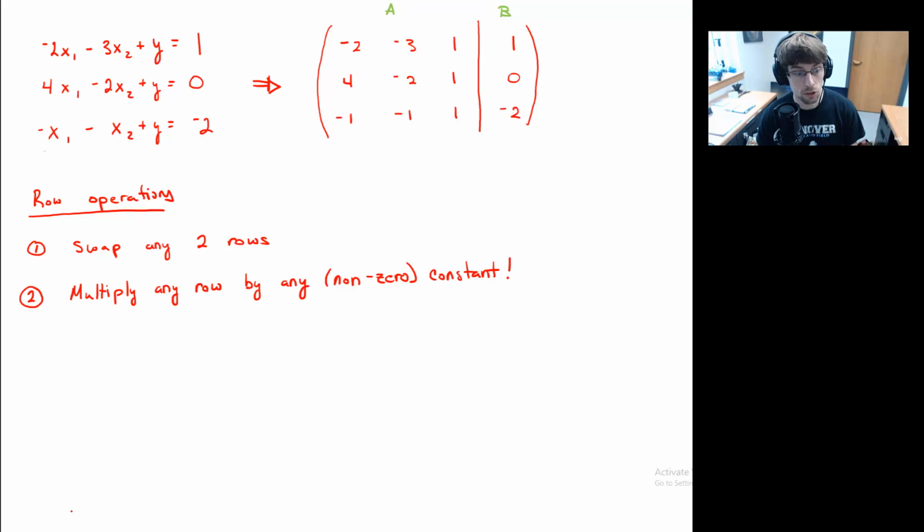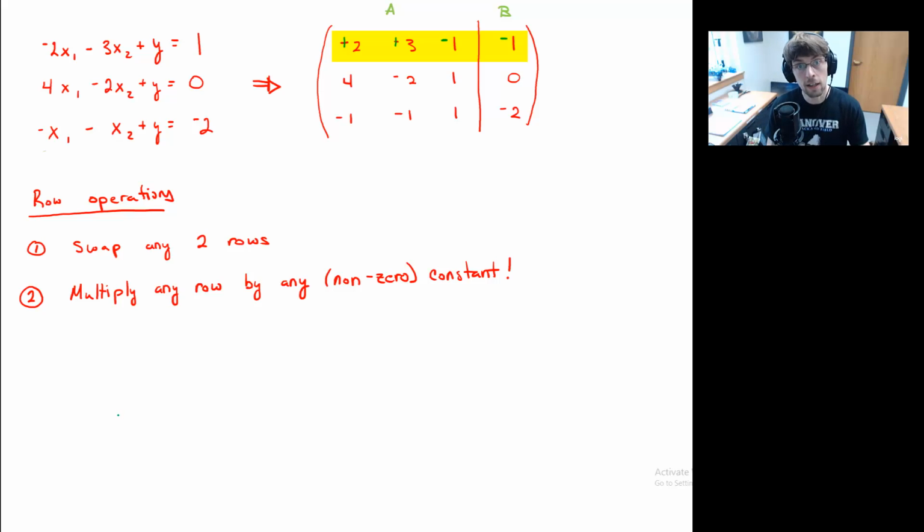Well, one thing I could do is I could say, I'm going to multiply the first row by -1. So instead of a -2, I multiply it by -1. This becomes a positive, that becomes a positive, this becomes a negative, that becomes a negative. I have not changed the end solution.